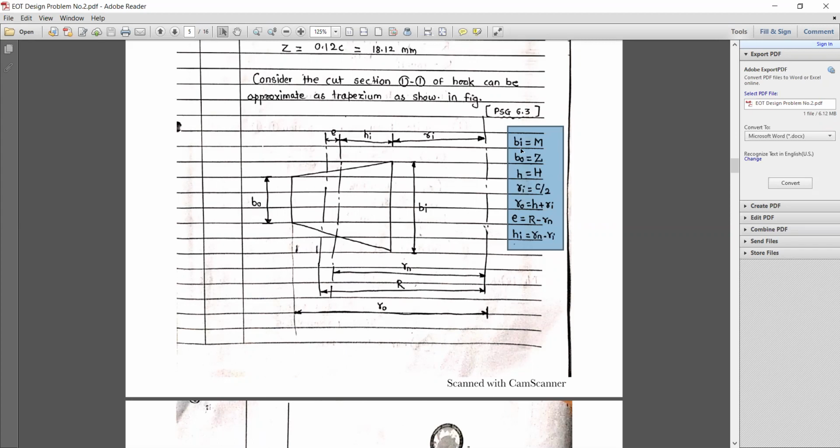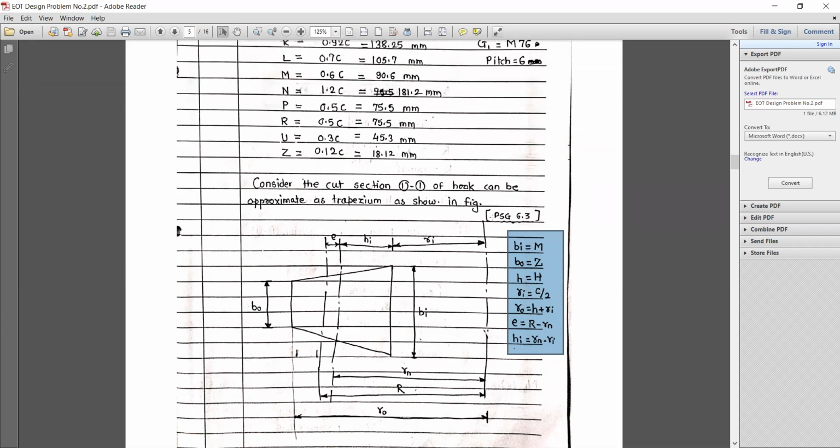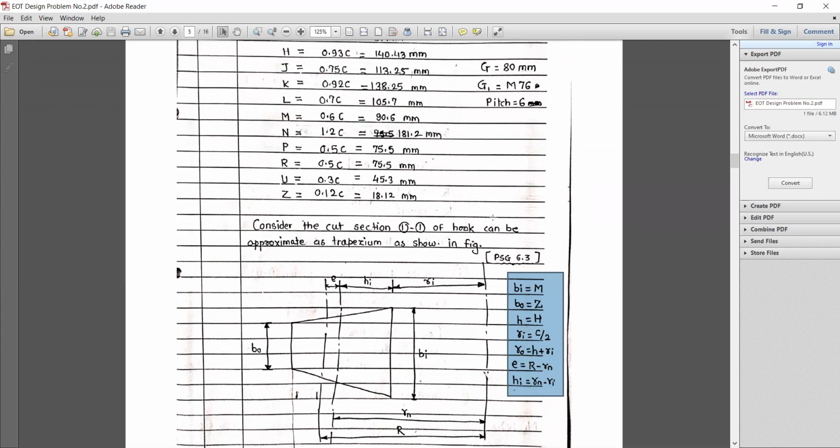To calculate Bi, the internal thickness, you can directly consider the value of M. To calculate Bo, you can directly consider the value of Z. Small h, that is the height, you can consider as capital H. Ri is equal to C by 2, Ro is equal to H plus Ri, e is equal to capital R minus Rn, hi is equal to Rn minus Ri. So these are the empirical relations which I have found from the comparison.